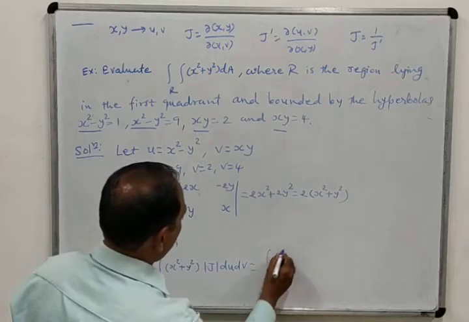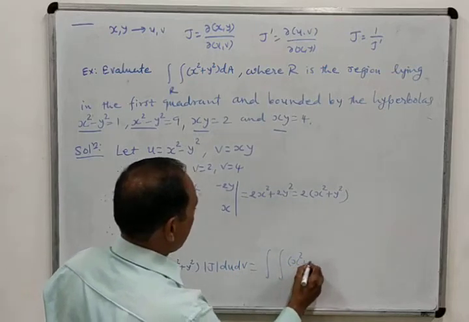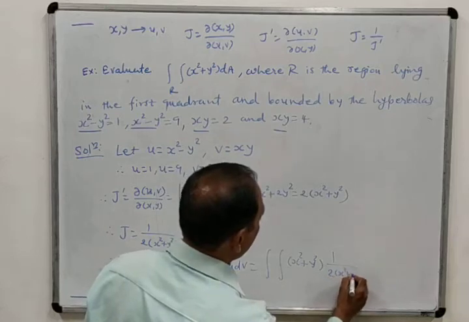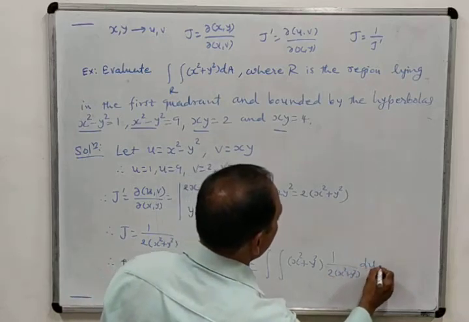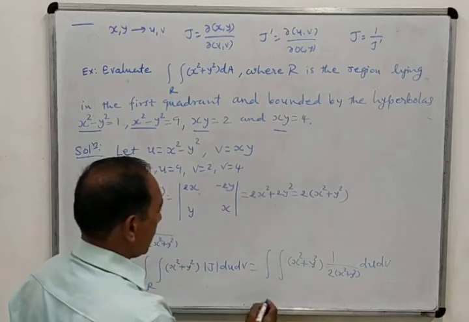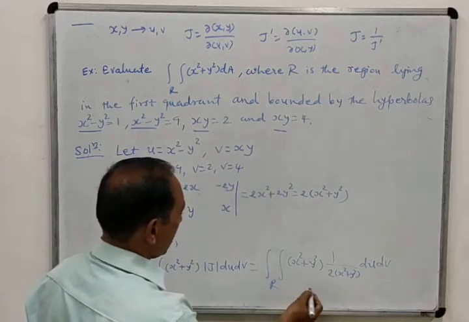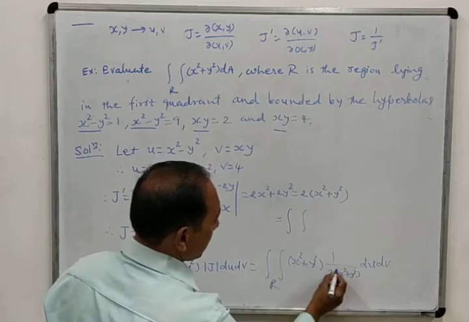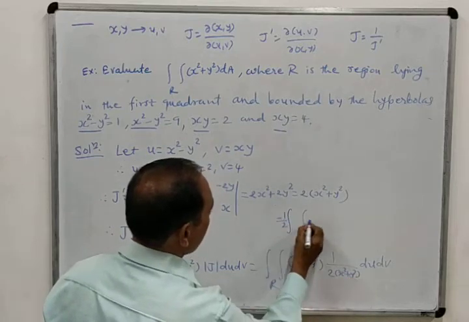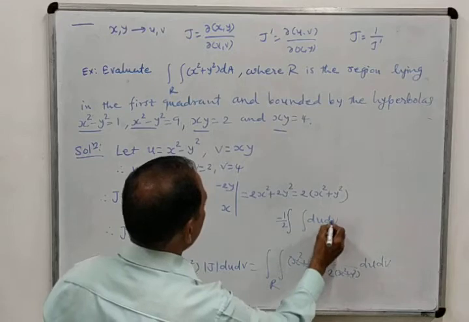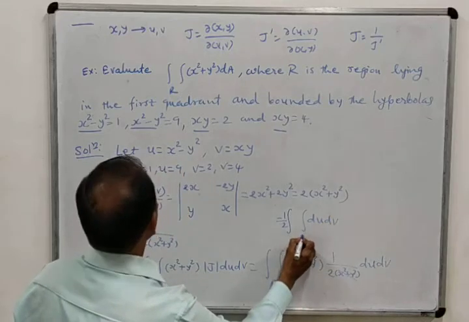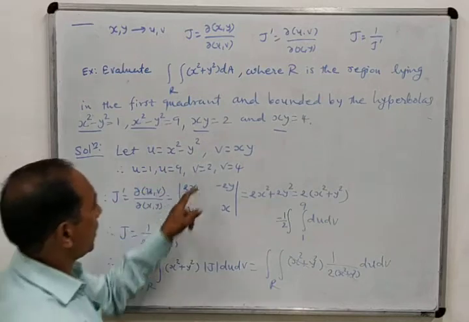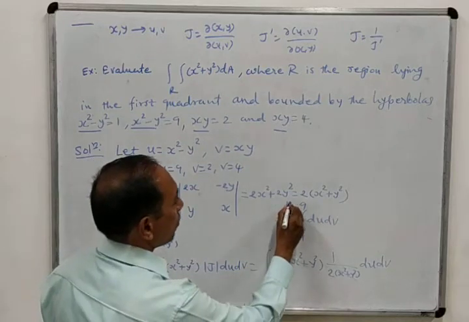So here this is x square plus y square, and Jacobian J is 1 upon 2 times x square plus y square, and here it is du dv. These two will be cancelled, so 1/2 we will take outside, so du dv only, and u has the limit 1 to 9, and v has the limit 2 to 4.